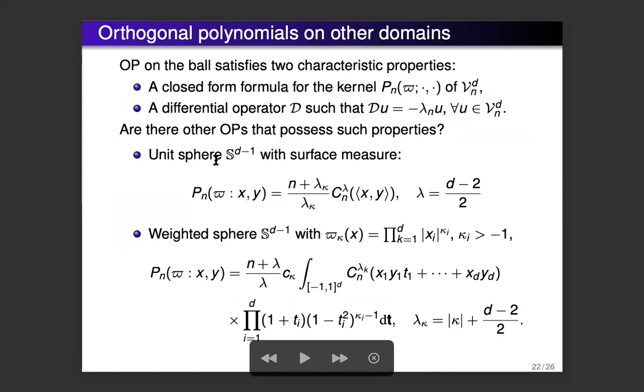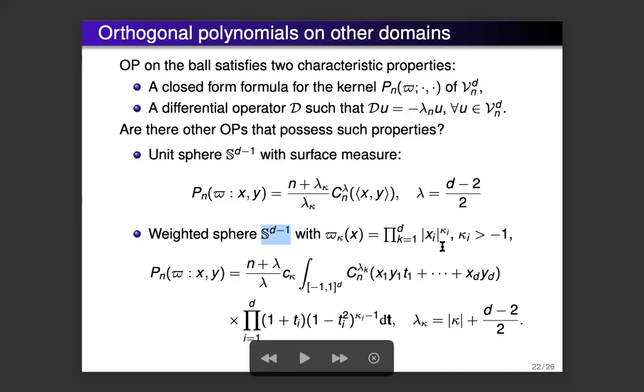So is there anything else that holds for this? There are quite a few. For example, the unit sphere. This is the classical addition formula, where lambda is d minus 2 over 2. You can replace it by lambda kappa if you have the sphere with weight.